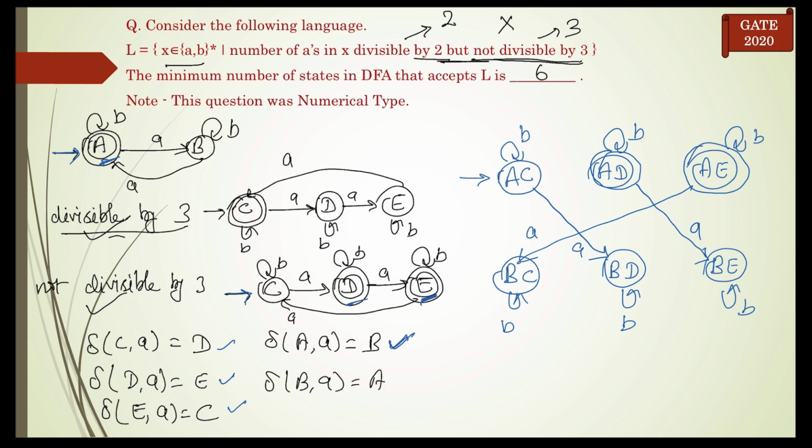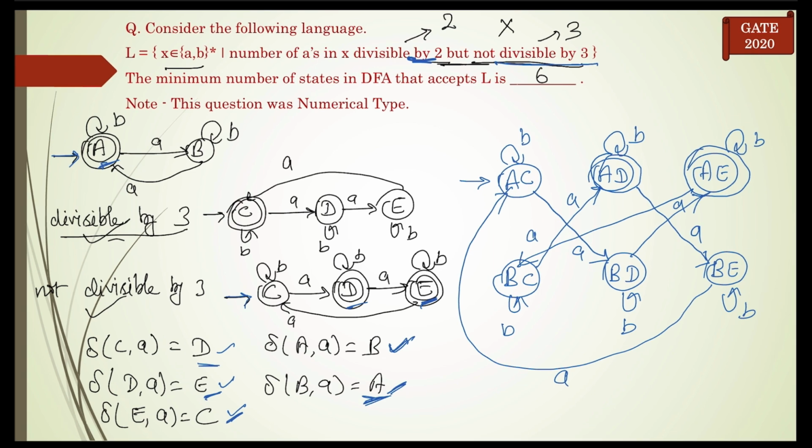And transition of A from BC, it will be on AD. Transition of A from BD, it will be on AE. Transition of A from BE, it will be on AC. So this is how we can construct a DFA for the language where number of A's in x is divisible by 2 but not divisible by 3, and total number of states will be 6.